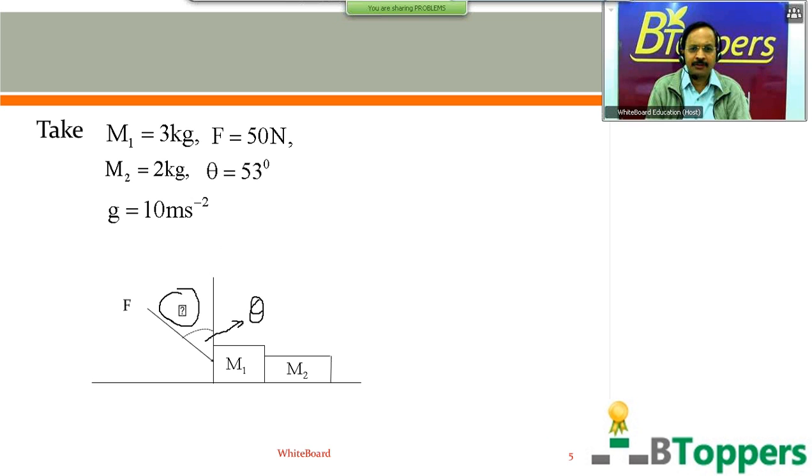I am going to discuss the solution of this problem. It is given that the two blocks M1 and M2 are placed in contact with each other and also placed on a smooth horizontal floor.